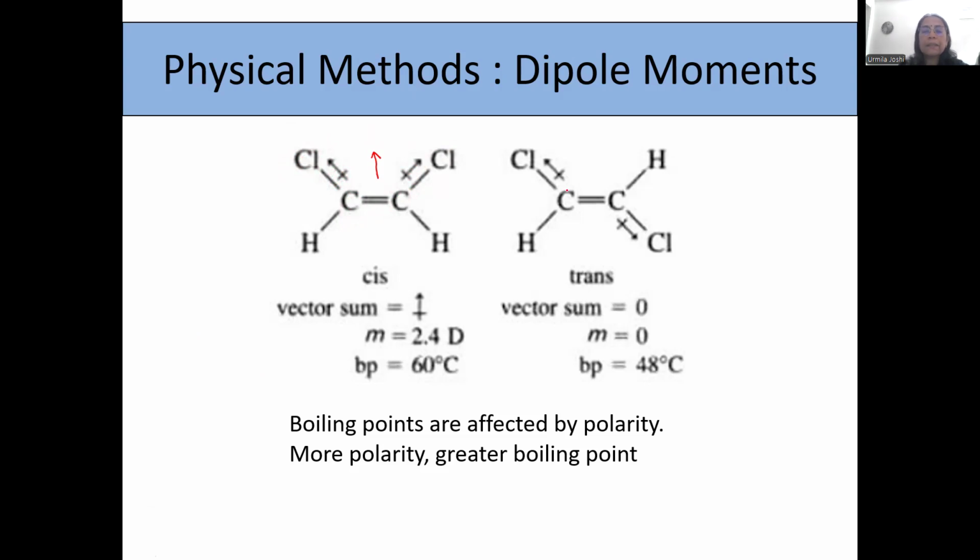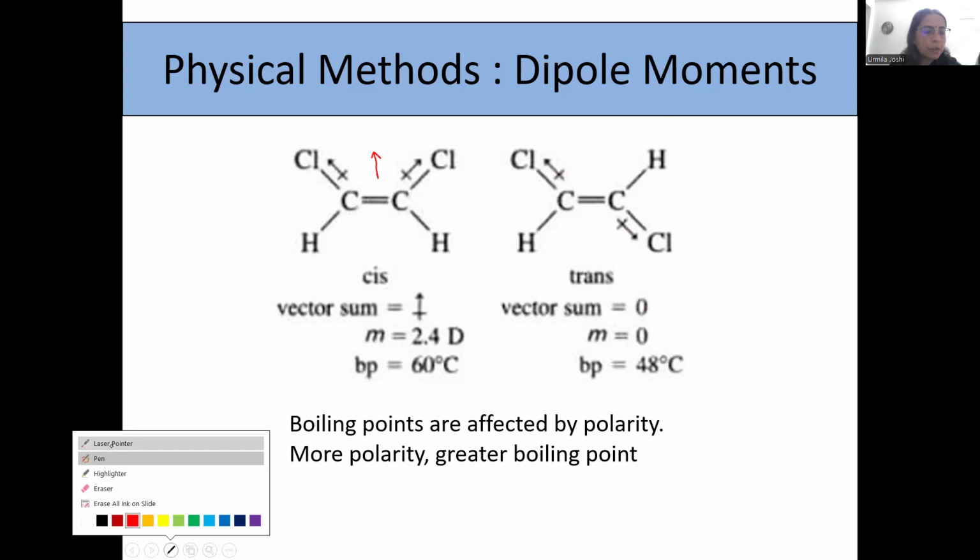Now look at the trans isomer. Again, this is a dipole created. This is another dipole created. But they are in opposite direction. So the vector sum is nearly zero. Because the vector sum is nearly zero, the dipole moment will be nearly zero, whereas the cis isomer will have a higher dipole moment.